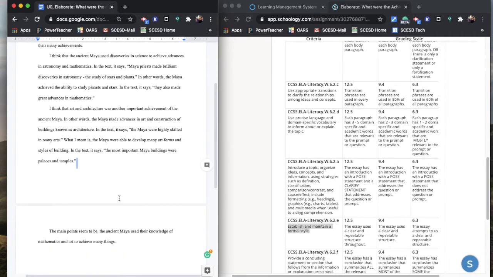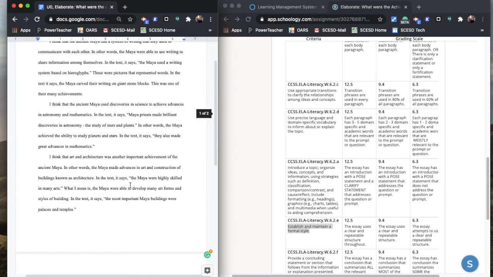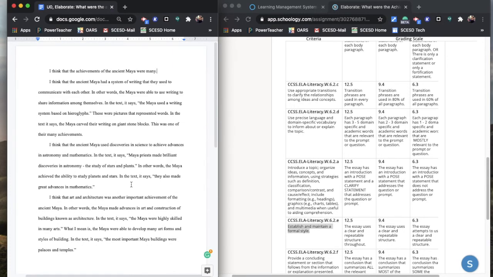It's maintained one style. It hasn't gone from, oh, I'm indenting every paragraph to now I'm not, or, oh, I'm writing body paragraphs, now my last paragraph is just going to be 6 paragraphs tied together with no breaks. I maintain the same style, and it looks nice and neat. You can see by looking at it that it looks formatted well.